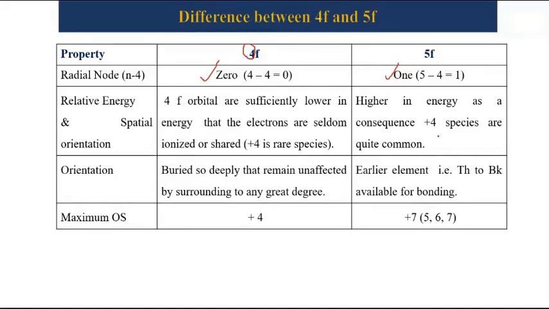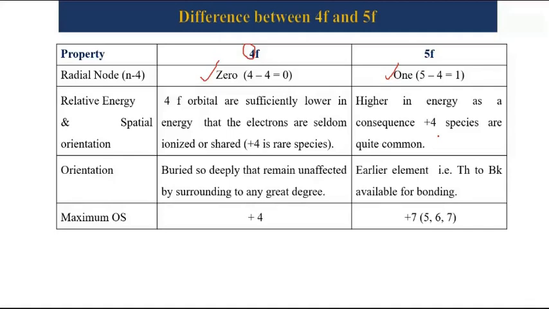But in the case of 4f, three types of oxidation states are usually reported: +2, +3 and +4. Among them, +3 is the general oxidation state present in all the elements of 4f. Here also +3 is present.